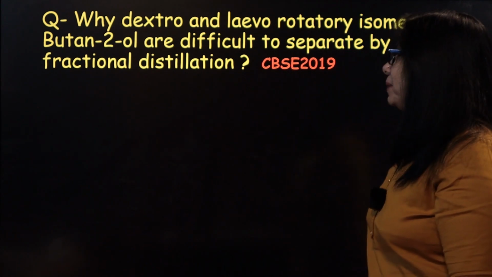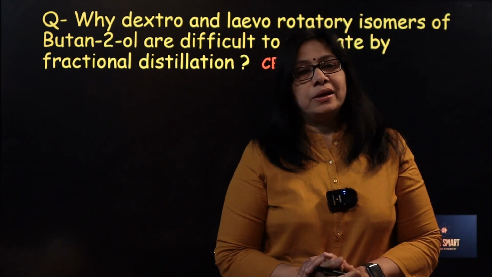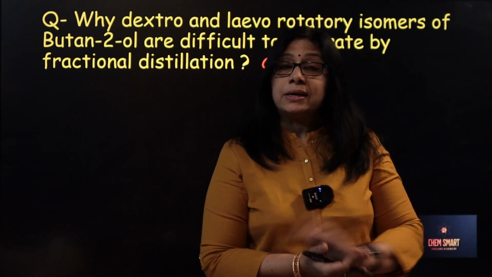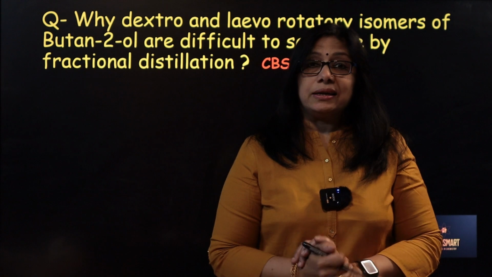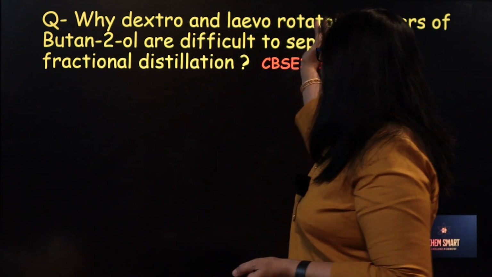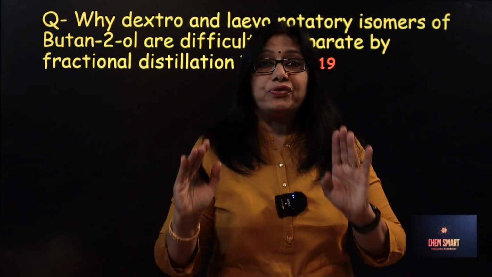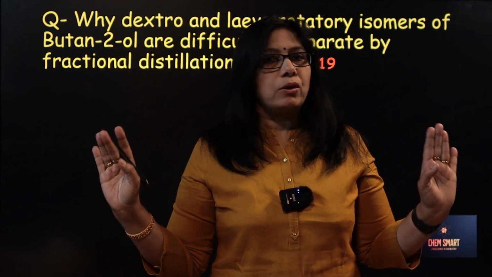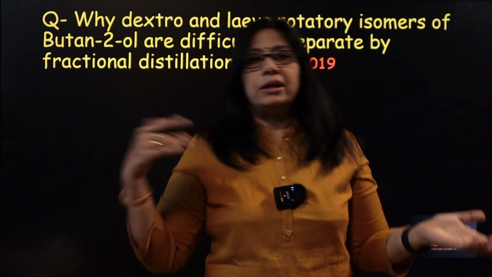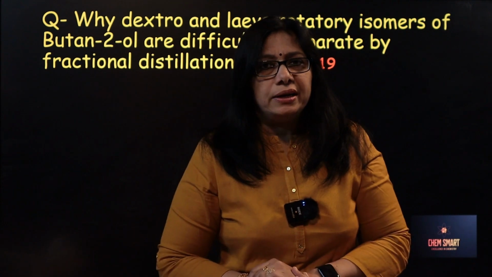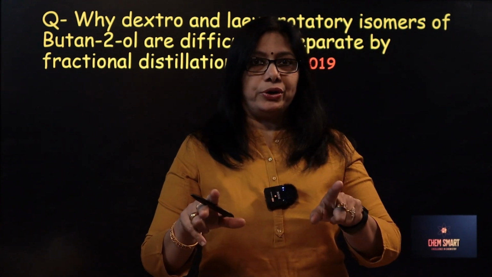Why are dextro and levorotatory isomers of butan-2-ol difficult to separate by fractional distillation? Again, we have discussed in one of the previous PYQ sessions that the dextro and levo isomers are enantiomers, which differ only in optical rotation. One is dextro, the other one is levo. All other properties are identical, including the boiling point.